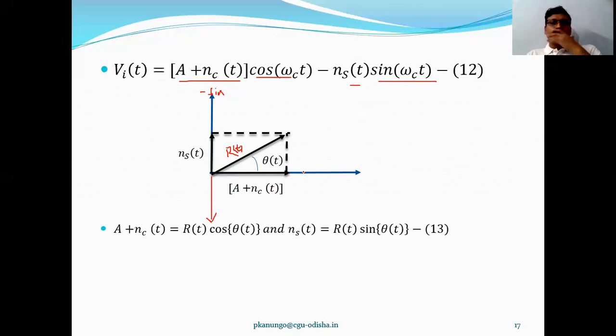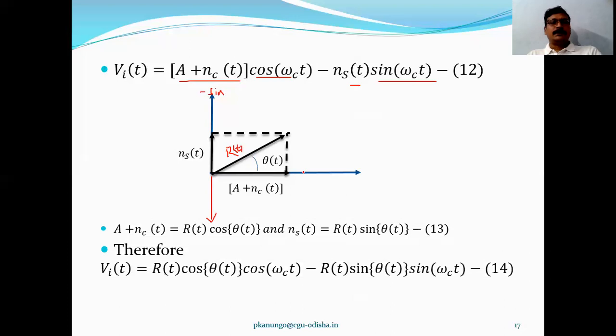So therefore, A plus NCT can be written as RT into cos theta t, and NST can be written as RT sin theta. Therefore, this equation we can now represent in terms of RT, that is RT into cos theta t into cos omega ct. This term will be replaced by the term RT into cos theta t here, and this NST term is replaced by RT into sin theta t term like this.